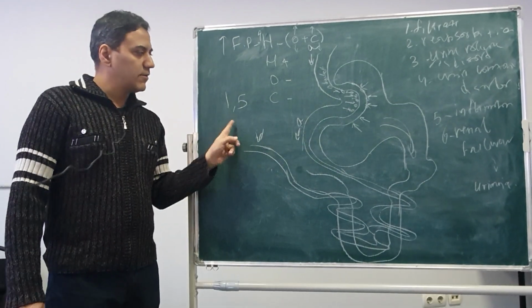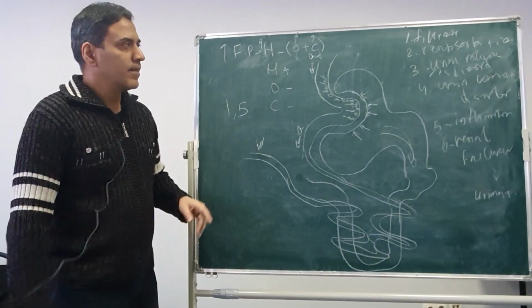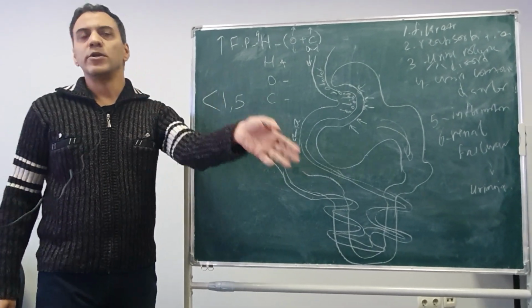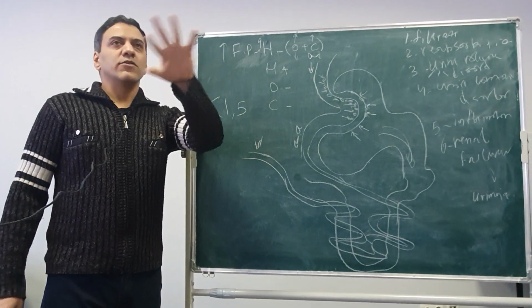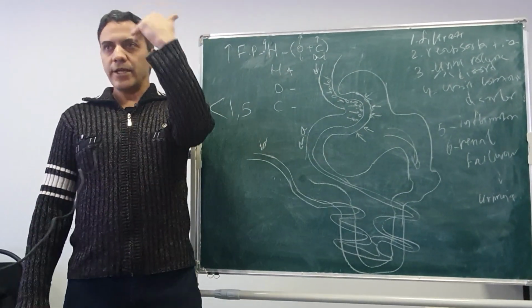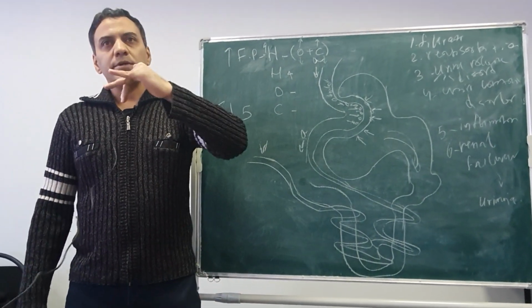Primary urine, but secondary, final urine, 1.5 liters. Can you imagine? If it is more than 1.5, it will be polyuria. The mechanisms of polyuria could be pre-renal and renal.